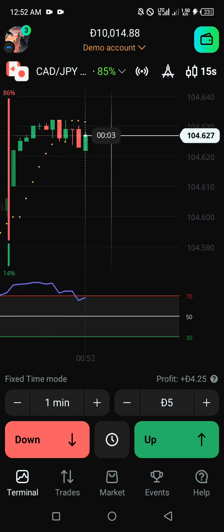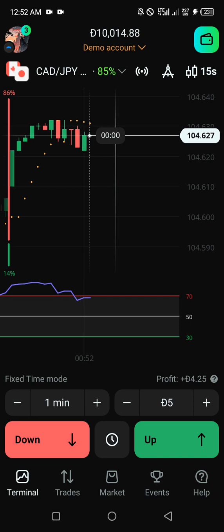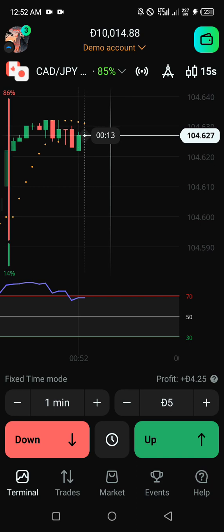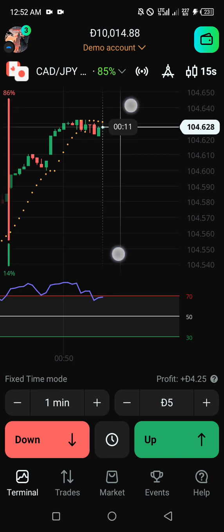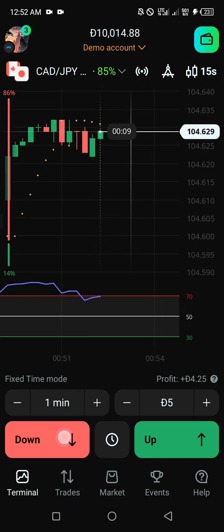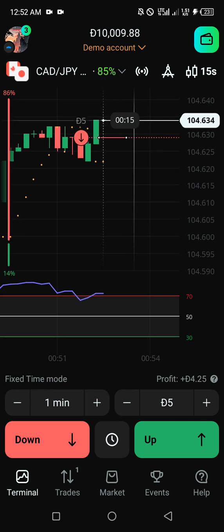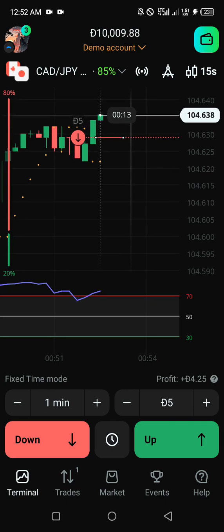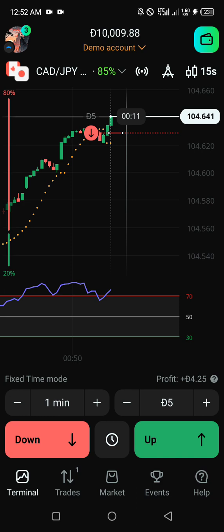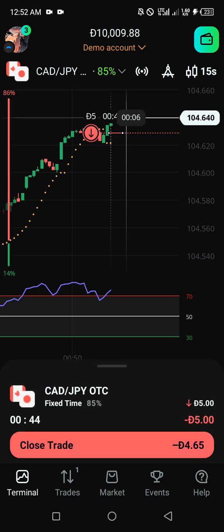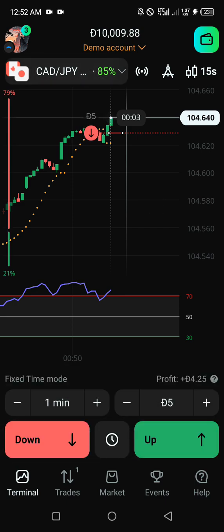Now the Parabolic SAR shows that there's possibility for a downtrend. So I'll look for a good entry point, then take a 1 minute down trade. Let's pick another asset.